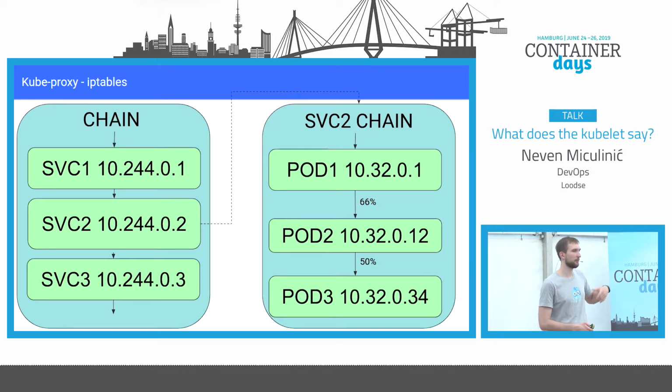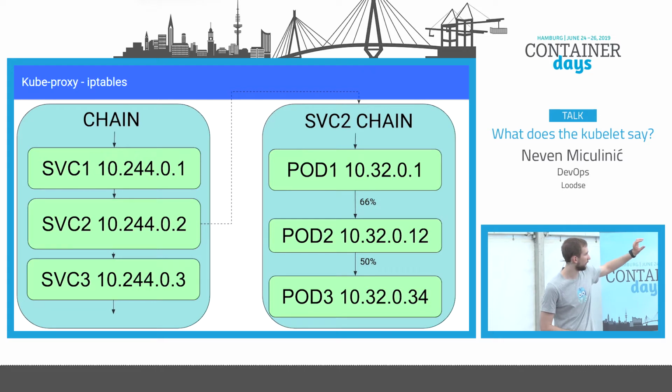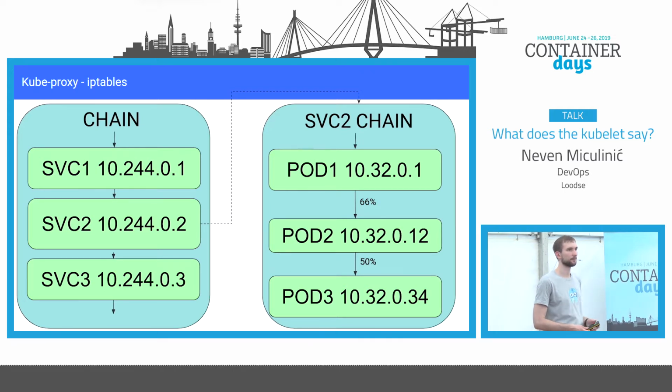There is a chain per service. And this chain per service is probabilistic. So basically, with a probability of 33%, I will jump to pod 1. Otherwise, I execute the next rule. With 50% probability, I will jump to pod 2. Otherwise, execute the next rule.